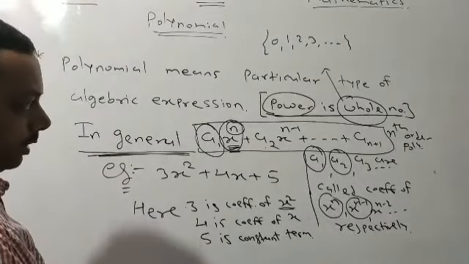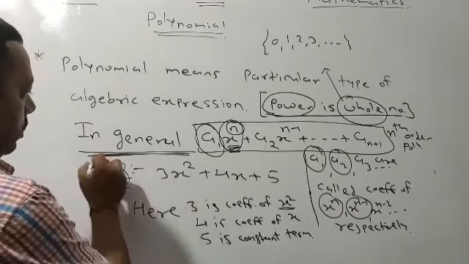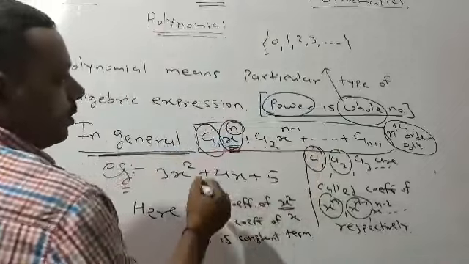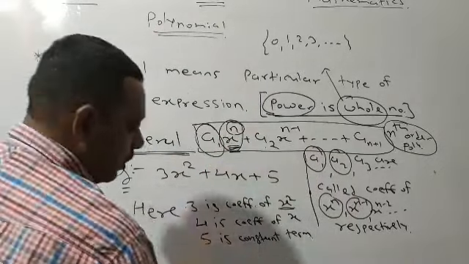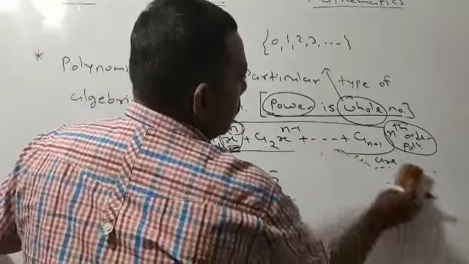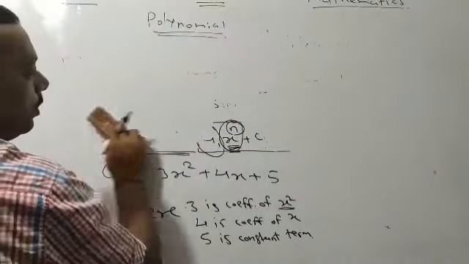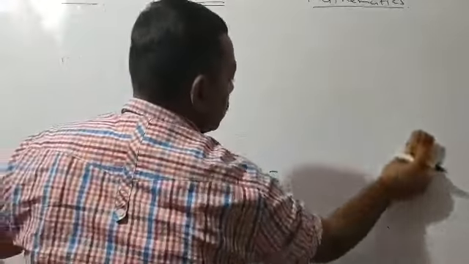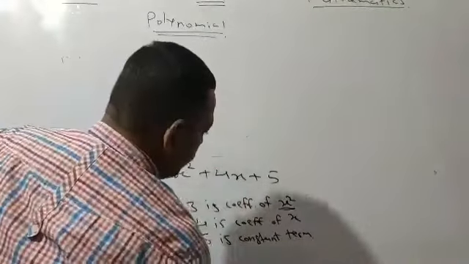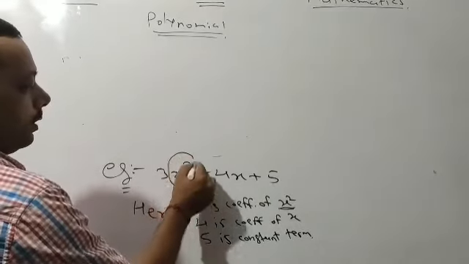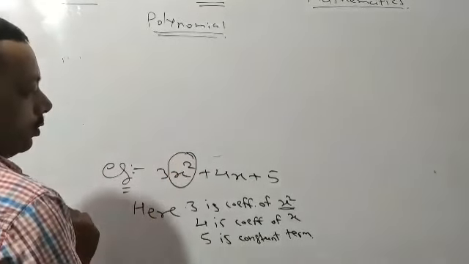Now my question is, we already discussed in general form, nth order polynomial. Why? Because the highest power is n. What about in this question which I wrote as an example? What about the order of this polynomial? The order of this polynomial is the highest power, that is 2.